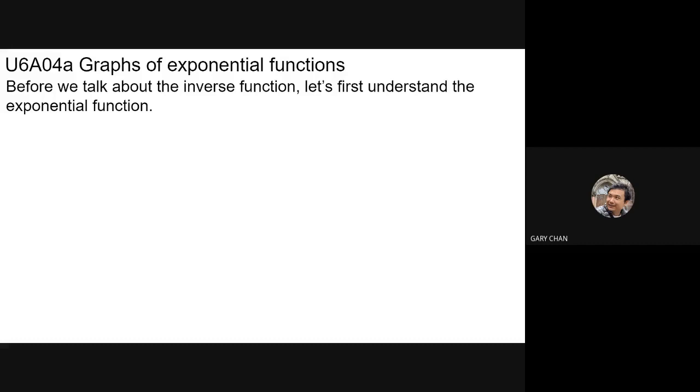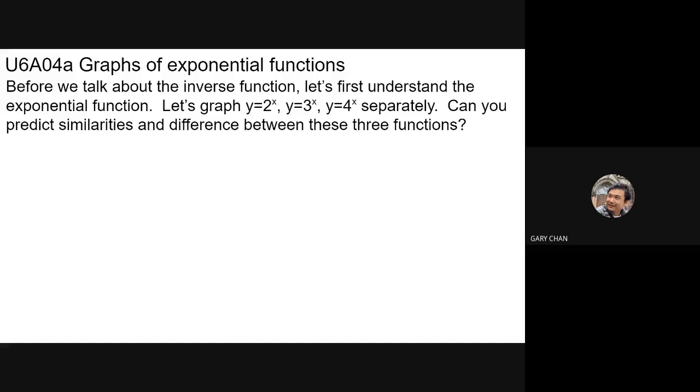We're going to try to understand exponential functions. To do that, let's graph these three: y is equal to 2 to the x, 3 to the x, and 4 to the x separately. Let's see what kinds of similarities and differences you're able to spot.